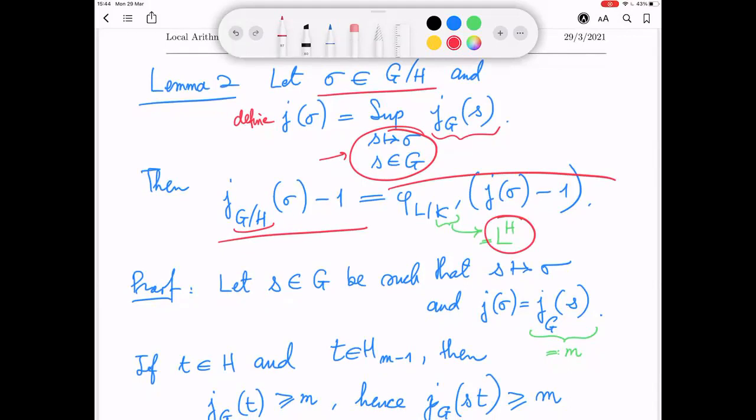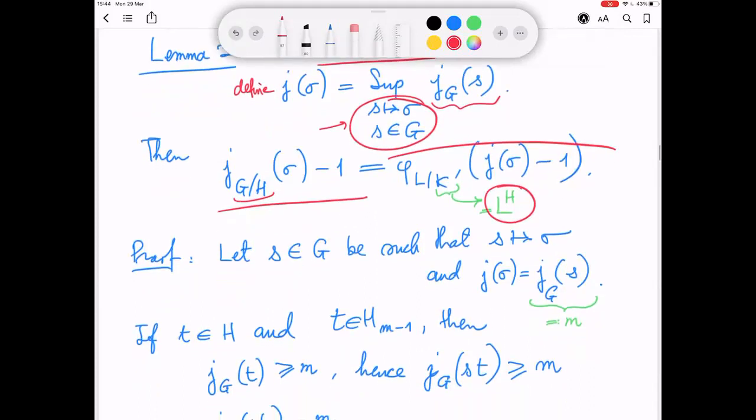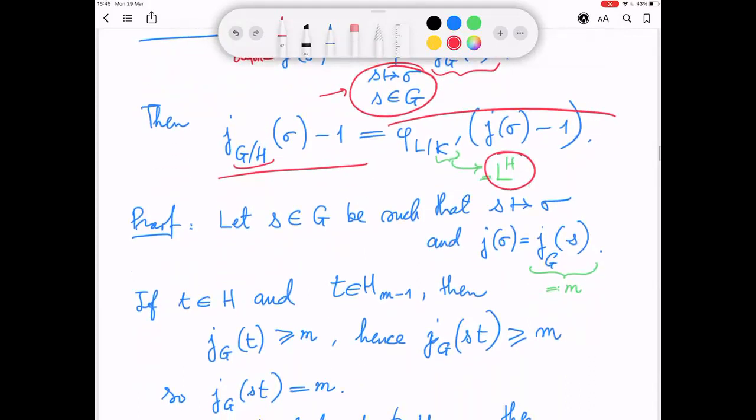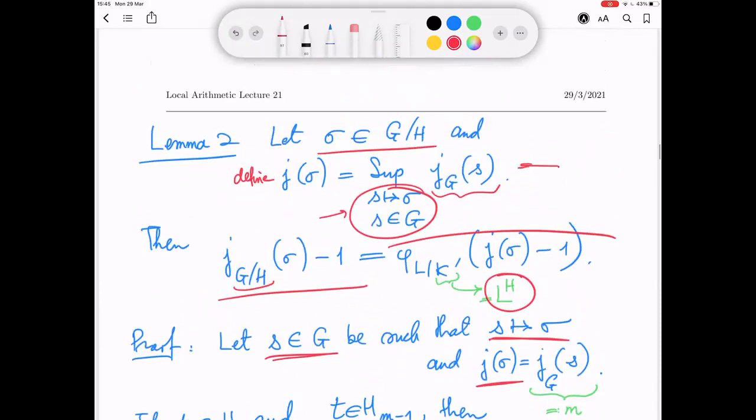Okay, again, this is a very technical statement, but it can be verified, and here is the verification. So take some S which maps to sigma, and such that J of sigma, which we have defined here, right? This J of sigma is the supremum of all such things.